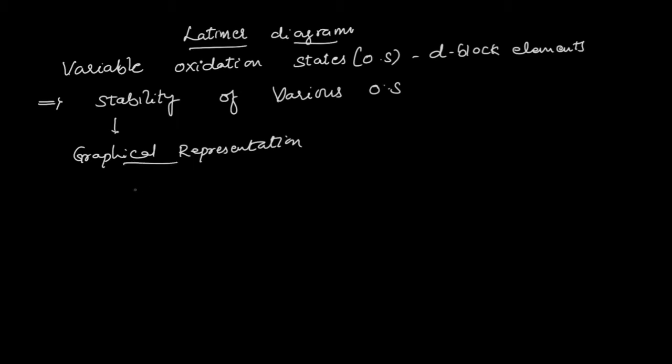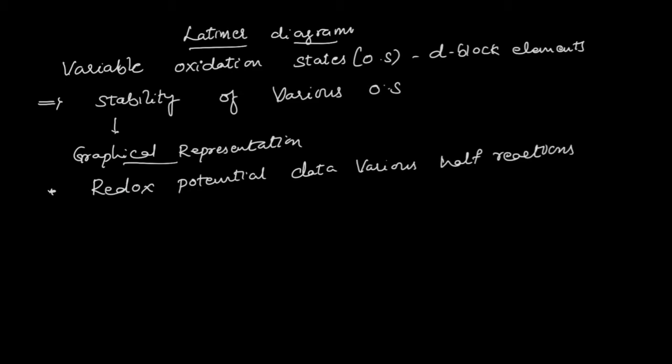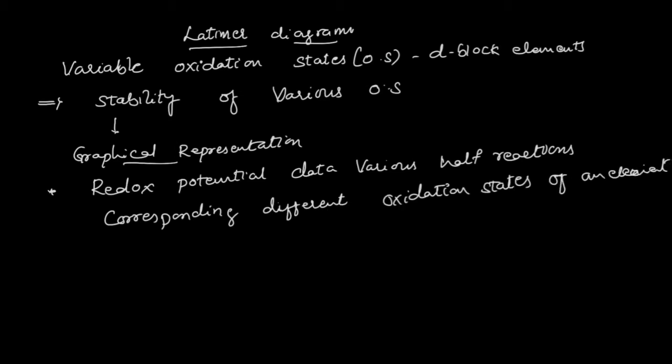In this diagram, you will have data of redox potentials, data for various half-cell reactions corresponding to different oxidation states of an element. Suppose an element is exhibiting +2 oxidation state, +3 oxidation state, +6 oxidation state.